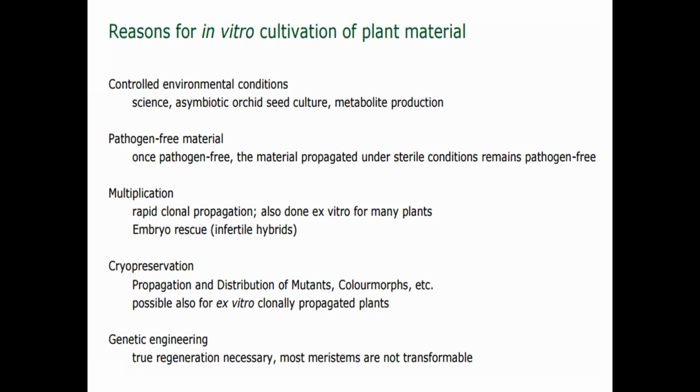For example, embryos can be preserved, and the sperm and ovum can be preserved for a long time. Even human sperm can be preserved for a long time at minus 160 degrees Celsius, and this process is called cryopreservation. So, if you are afraid a certain plant will be extinct soon, then you can preserve the tissues at minus 160 degrees Celsius for future use.